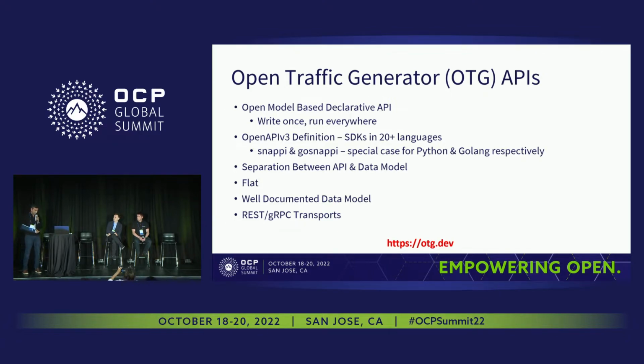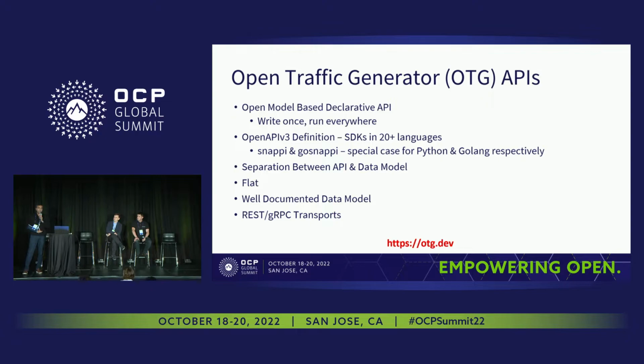So working with some customers, Keysight, formerly Ixia, created these new Open Traffic Generator APIs for writing test cases and integrating them into your CI/CD pipelines. And the idea was very simple. Come up with an API which is open, model-driven, declarative.